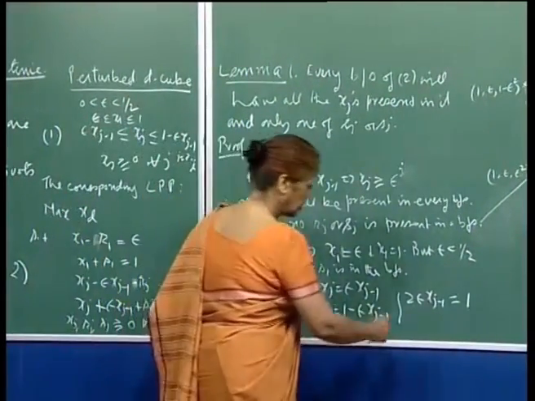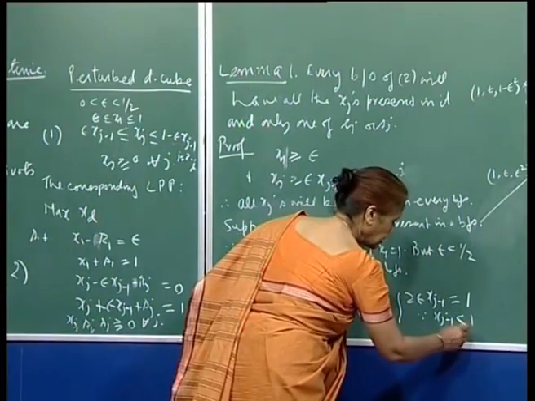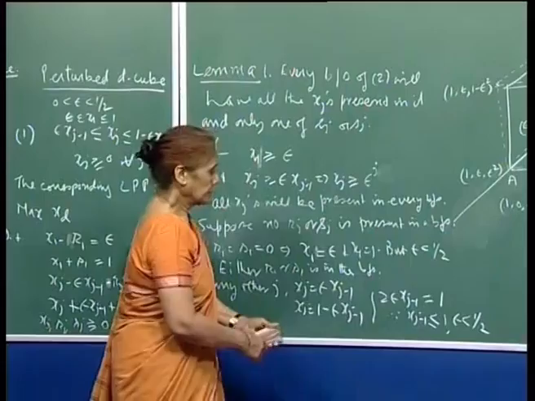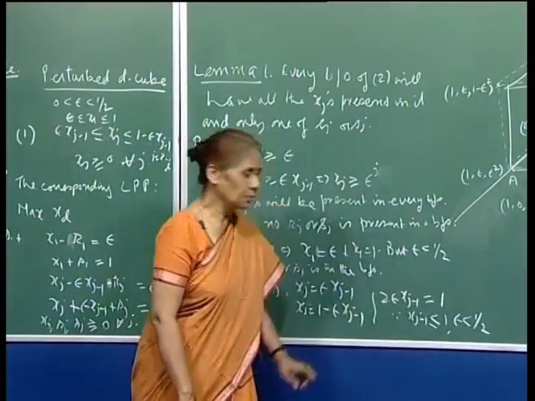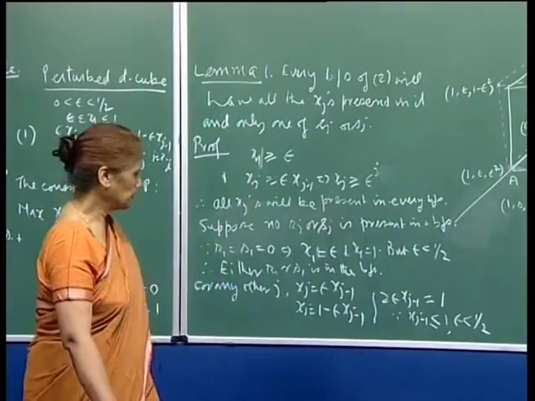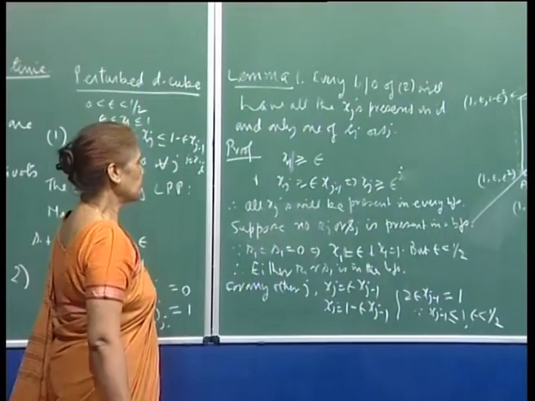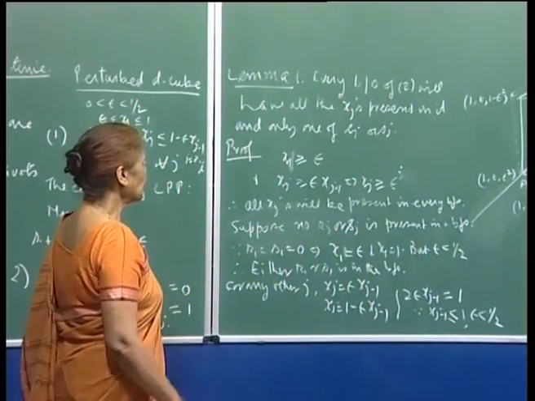And since xj minus 1 is less than or equal to 1, and epsilon is less than half, this cannot be satisfied, because the product has to be equal to 1. So, therefore, either rj or sj has to be in the basis for all j varying from 1 to d. So this proves this lemma.